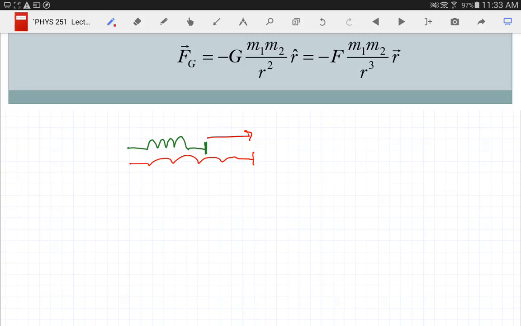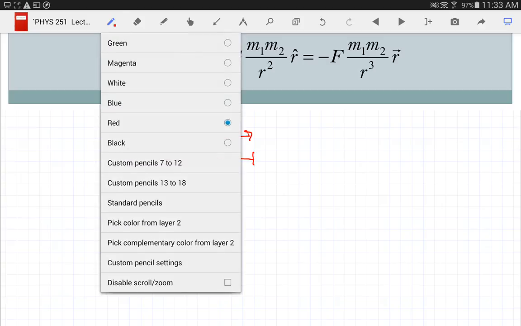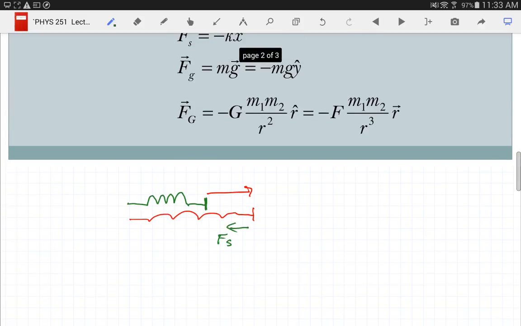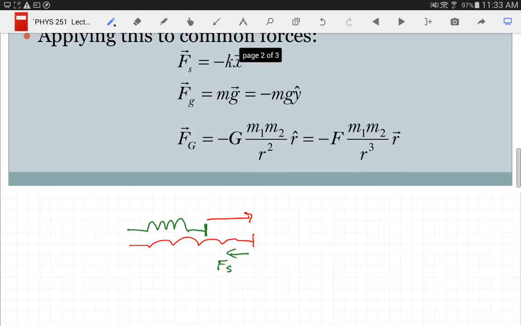I'm looking at this, which is, of course, the opposite. I'm like, wait, I would have thought they would have understood that, and you did. So the force from the spring is pointing this direction. That's why there's the minus sign there. Because when you have your delta x going to the right, then you're going to have your force going to the left.